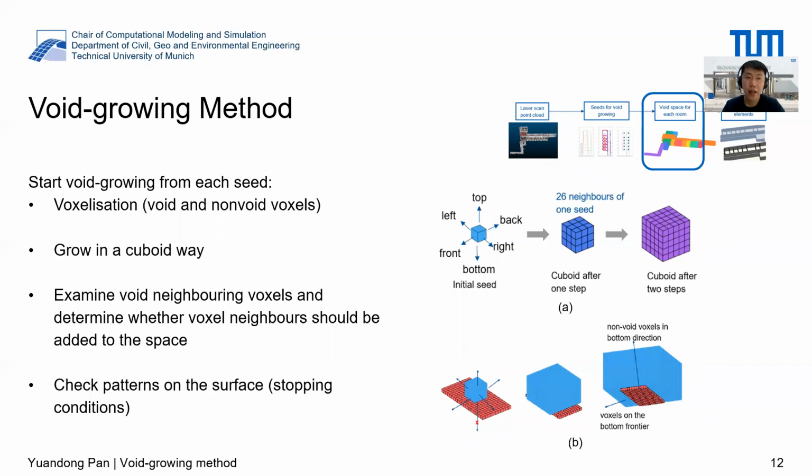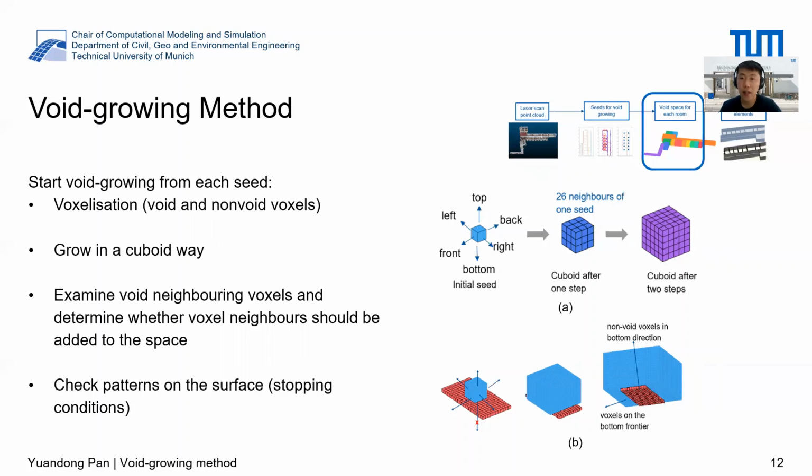The next step in the void growing approach is to grow void space starting from the seed points. This part is the core of our approach. First step here is to do the voxelization of the point cloud. This means we separate the whole 3D space into many voxel grids.